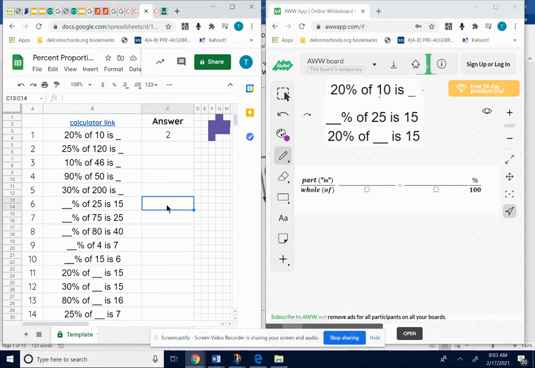Problem 6. Blank percent of 25 is 15. Part over whole is over of equals percent over 100. So just going left to right, blank percent, the percent is the unknown, of 25, the 25 is the of on the bottom left, is 15, the is is the part, on the top left, and 100 is always on the bottom right. So we're solving 15 over 25 equals x over 100.